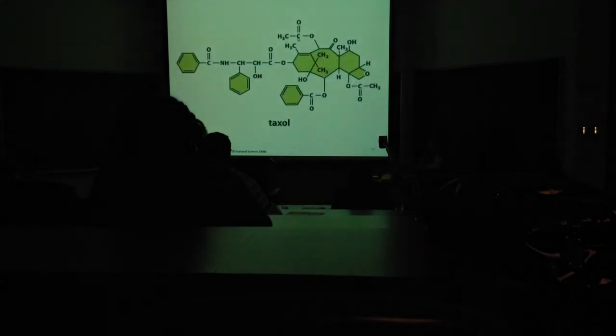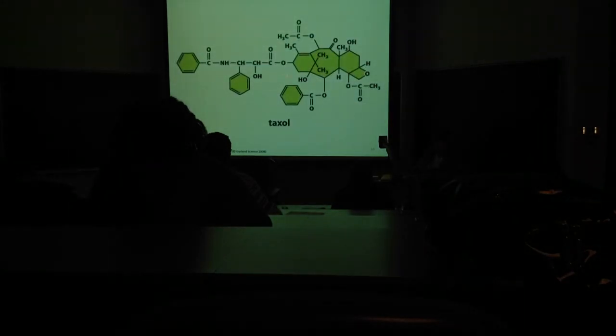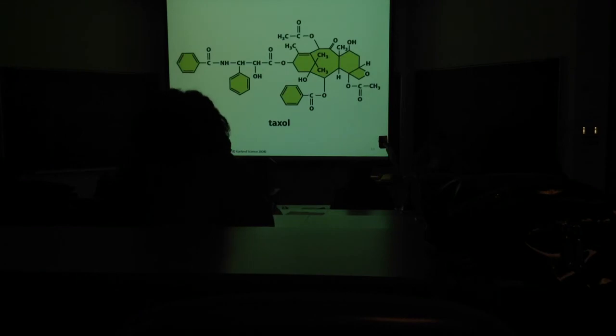Taxol was in that bark of the yew tree. And this was the only tree that had it, and they started cutting down those trees pretty badly to purify this Taxol and use it to treat cancer. And then they, of course, came up with the recombinant, which is what you're looking at here in a laboratory. Thank goodness, there's still trees left. The Taxol is something that interferes with microtubules, and it is a cancer treatment drug, because it will interfere with mitosis.